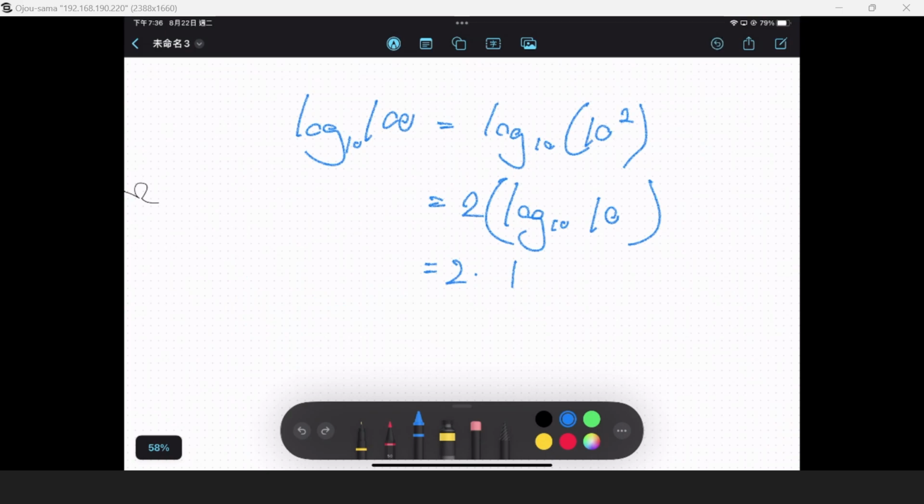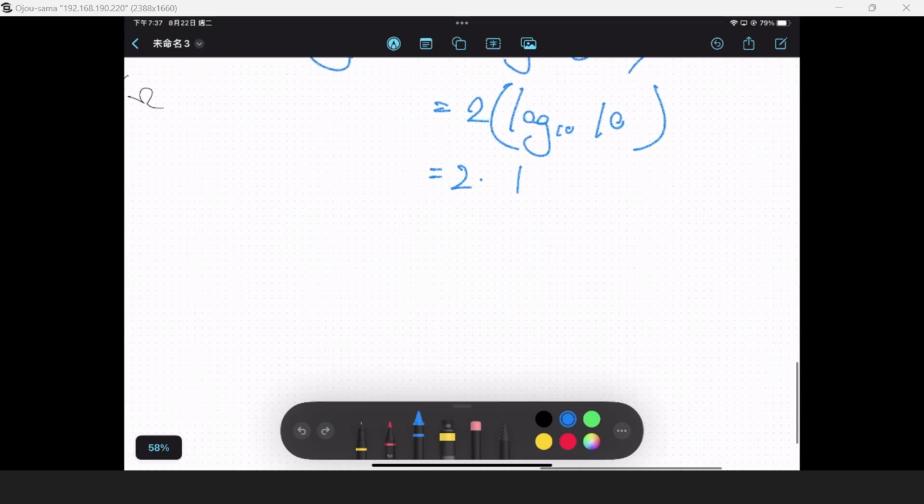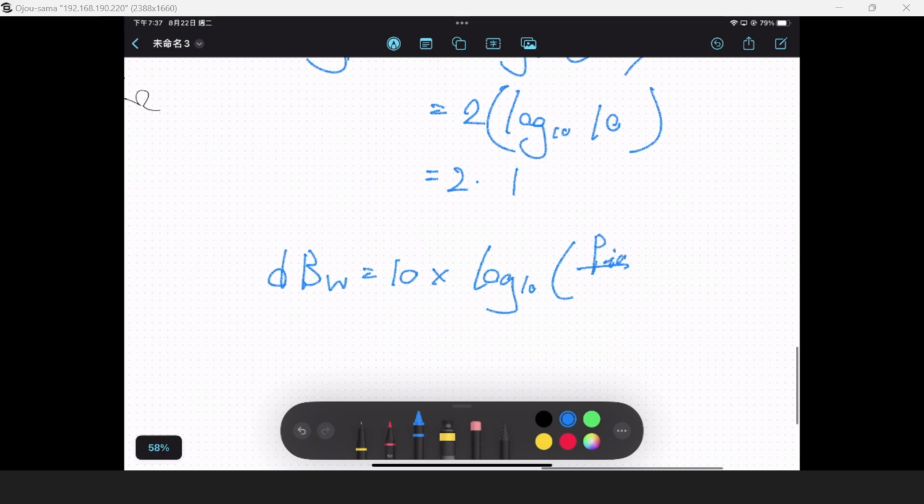Okay, once again, we just talked about dBW is 10 times log base 10 of P out over P in.